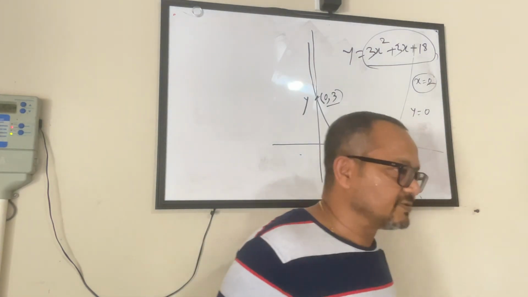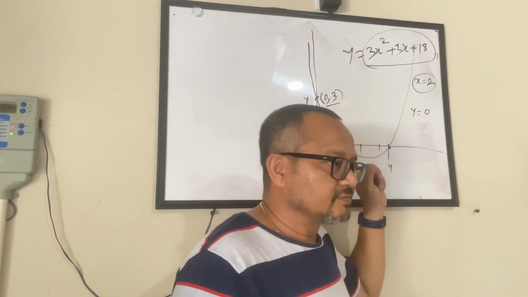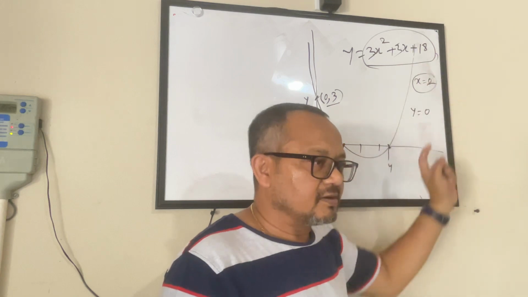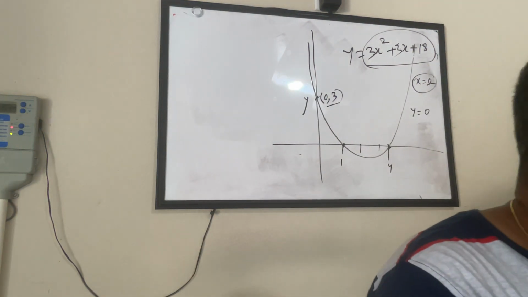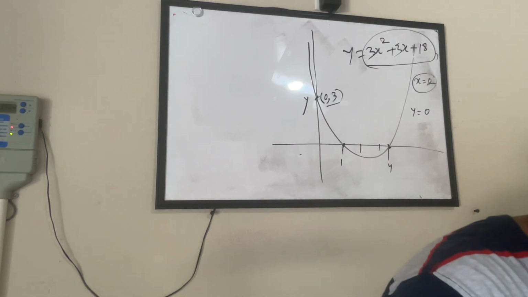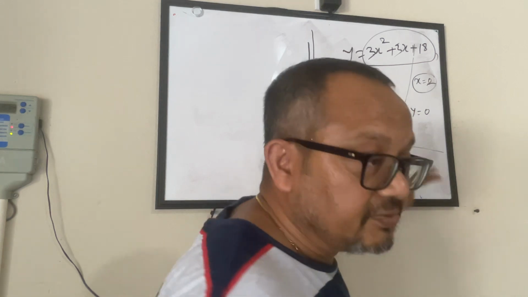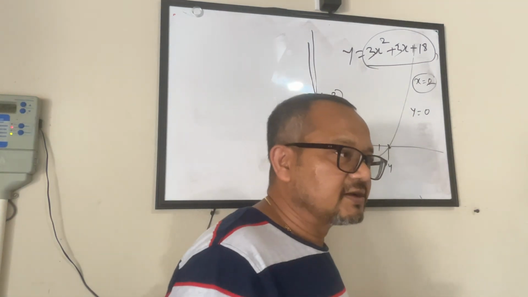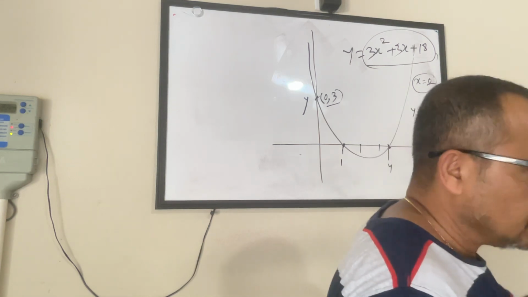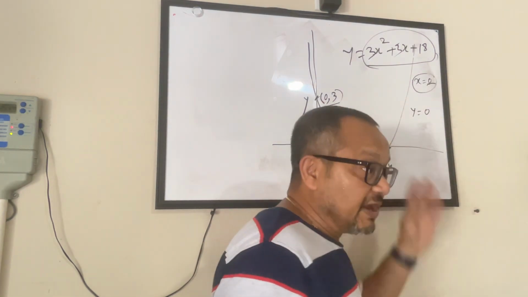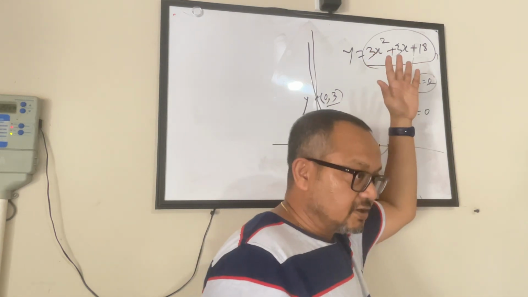Any observation? There are two x-intercepts. Very nice. What else? It's an open parabola facing up. Okay?